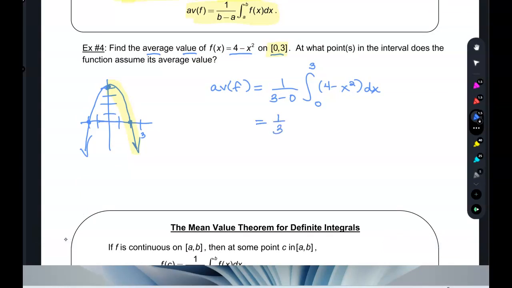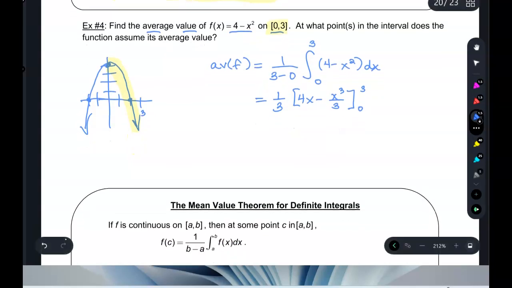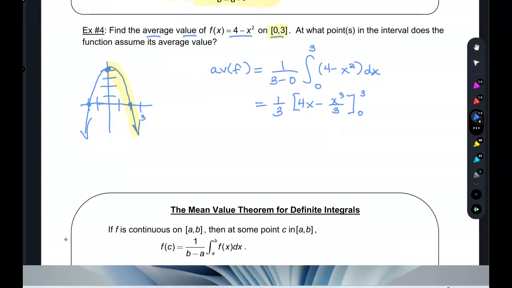Okay, what is the antiderivative of 4 minus x squared? 4x minus x cubed over 3, evaluated from 0 to 3, times 1/3. Now we plug in 3.